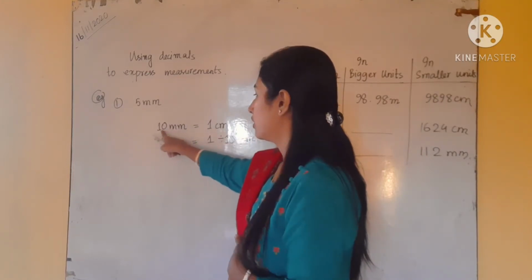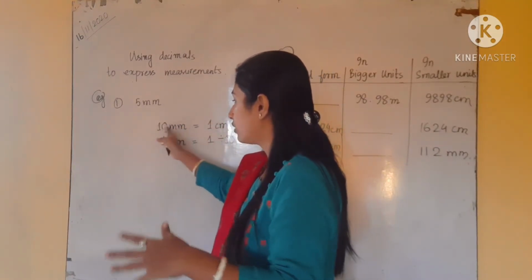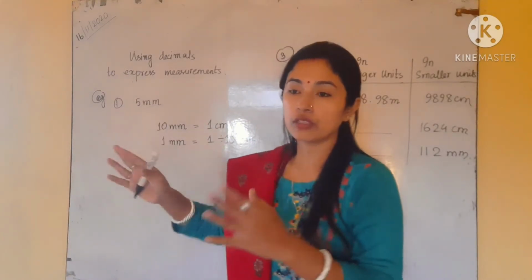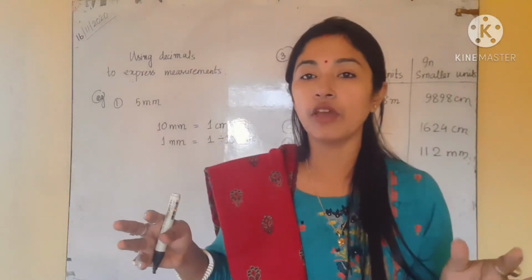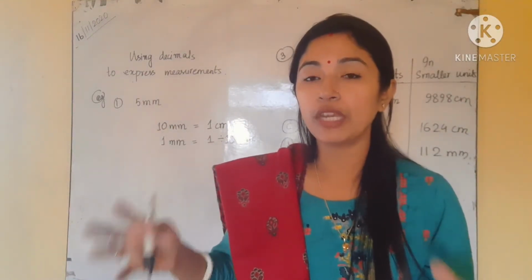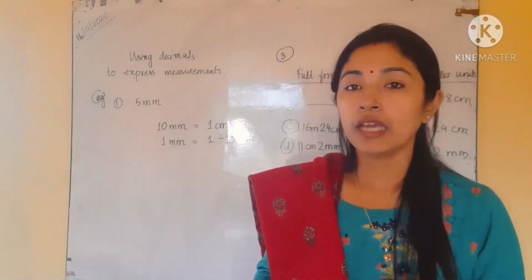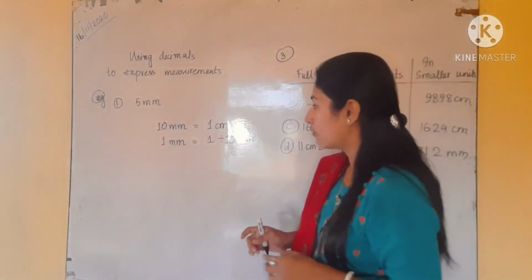Because 10 millimeter is equal to 1 centimeter and we have to find for 1, we have to divide. We know that if the cost of many items is given and we have to find the cost of one item, then we use division. So here also we divide.